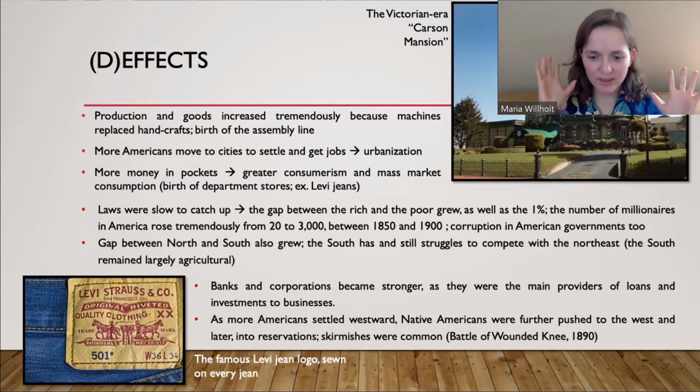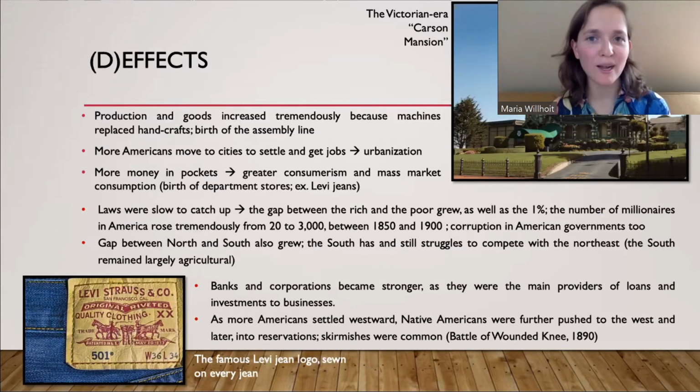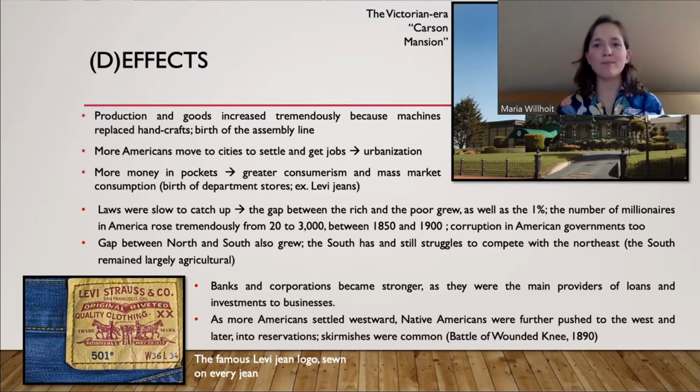There was some good that happened during this time period, but unfortunately, there was also a lot of bad. The effects of this industrial revolution, this birth of industry, especially during the Gilded Age, there are some good and there are some bad, kind of defects, what I call. First of all, the good is that now you could produce more goods.